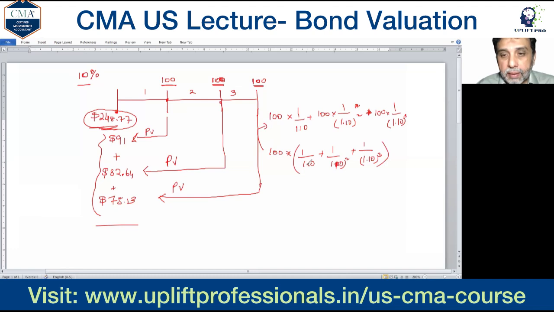Now, this factor is what we will get in the present value of an annuity table. We'll get a number for this.